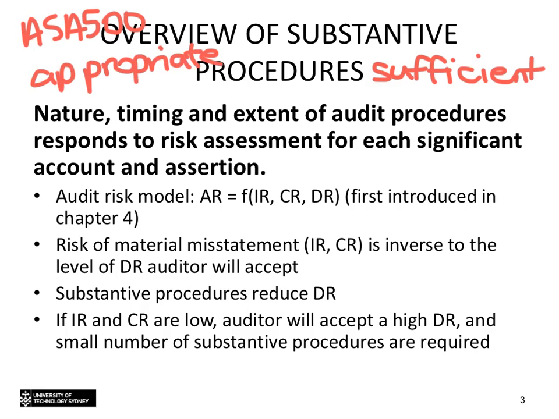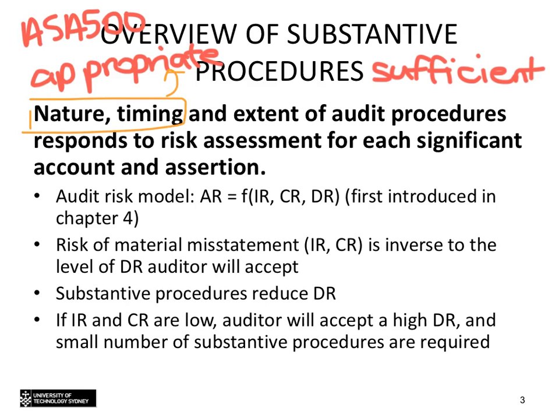The appropriate part really refers to making sure we are doing the right sorts of procedures. So when you go a bit further into ASA 500 and the other ASAs, they talk about the nature, timing, and extent of executing audit procedures. And so for us, appropriate means nature and timing.